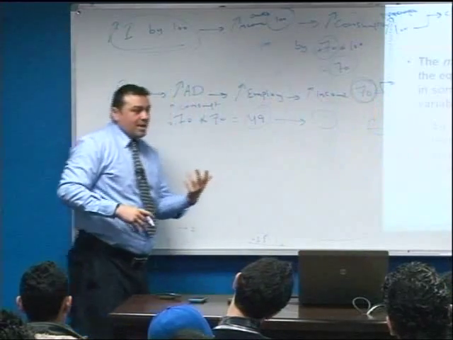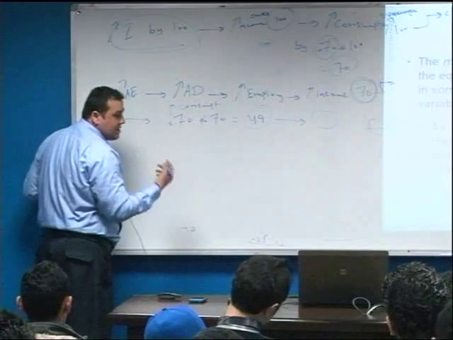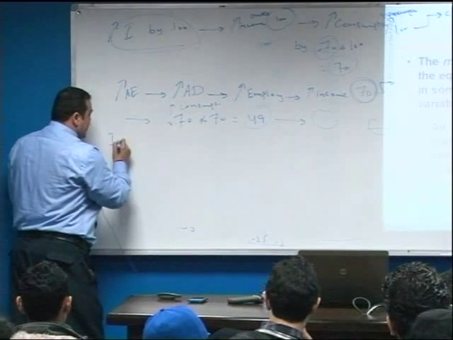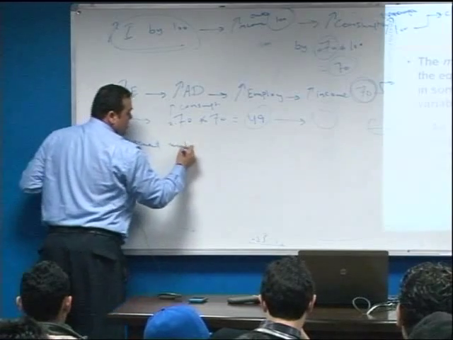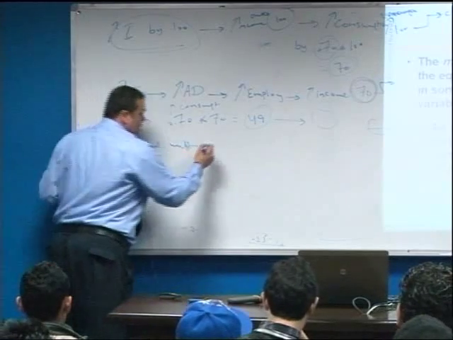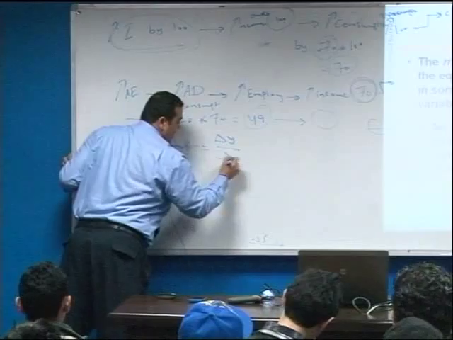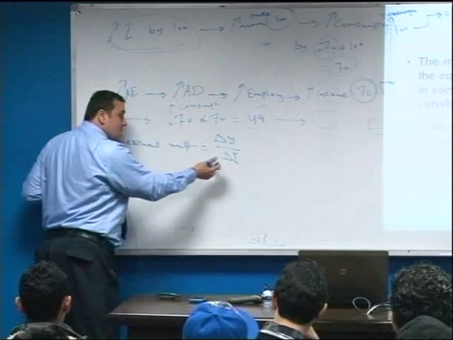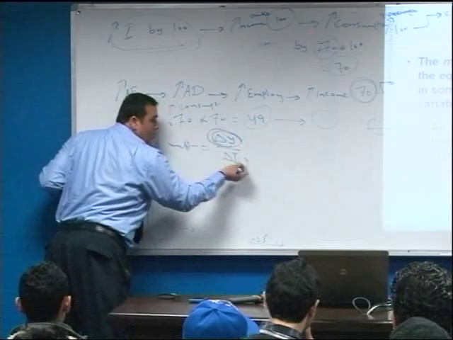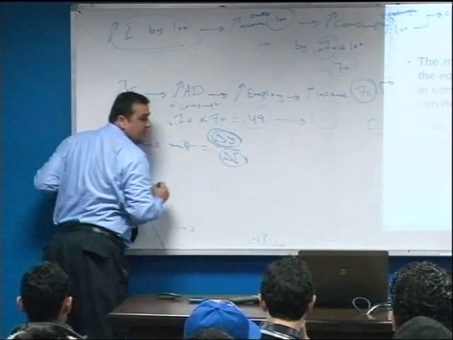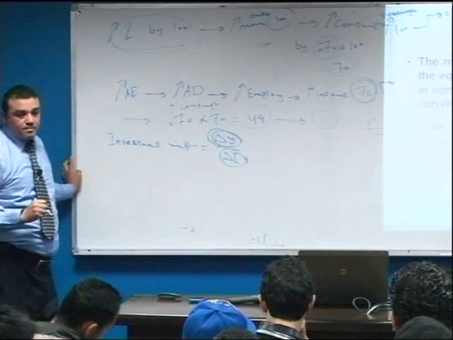This is the concept of multiplier. As I mentioned, the investment multiplier equals what? Delta Y over delta I, which means how much is the change in Y when the planned investment increased by $1.